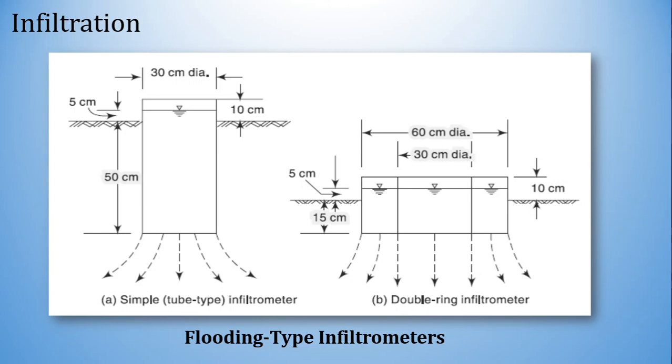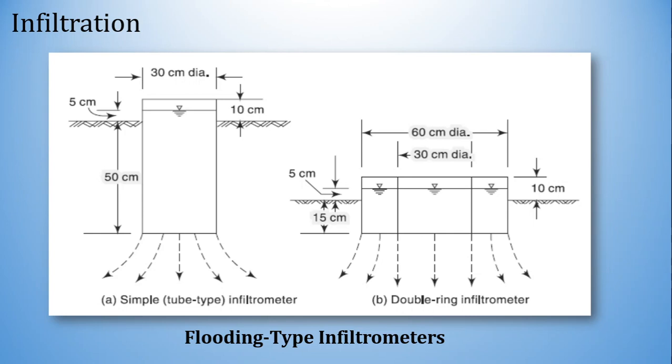It has a 30 centimeter diameter, and the infiltrometer is completely metallic. The water is poured in such a fashion that there will be a surface of water at least up to 5 centimeter above the ground level.